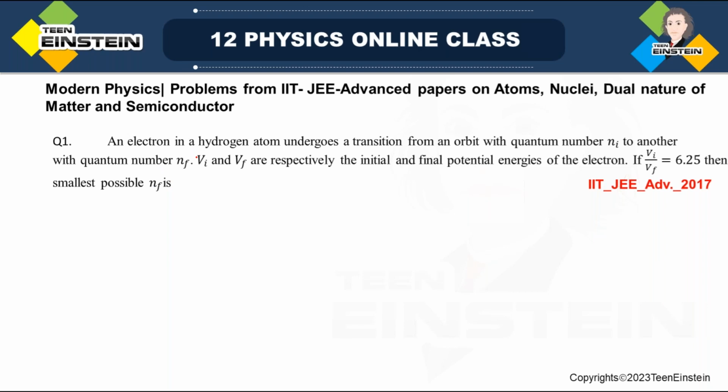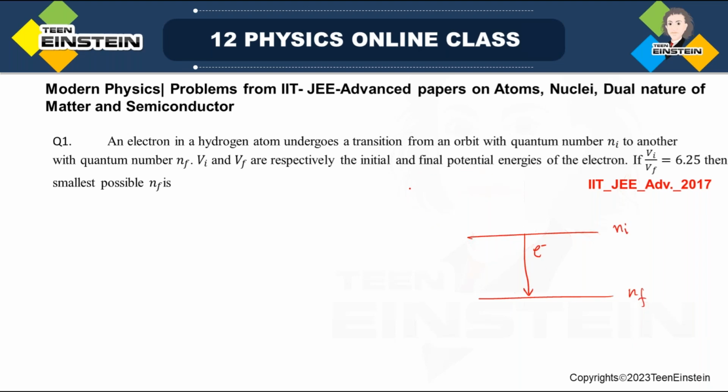So look here, the question is saying that suppose there is an electron in some Ni orbit, and let us say this is Nf, and a transition happens, for an electron transit from Ni to Nf.